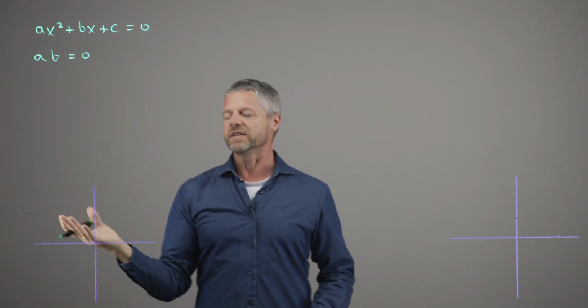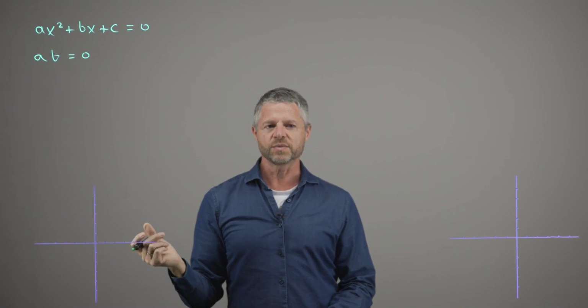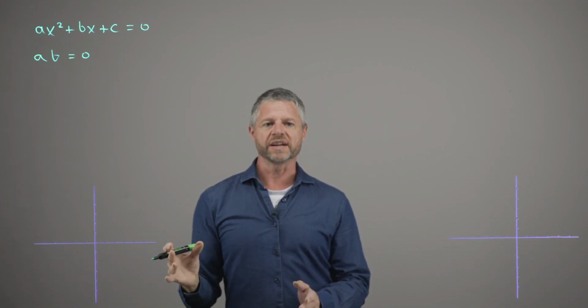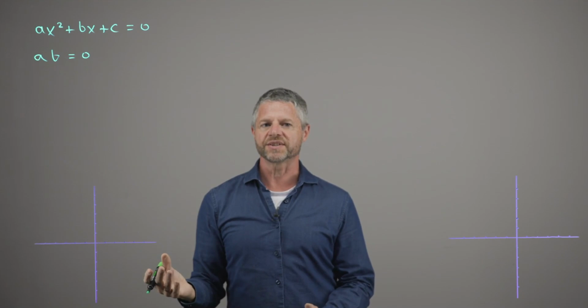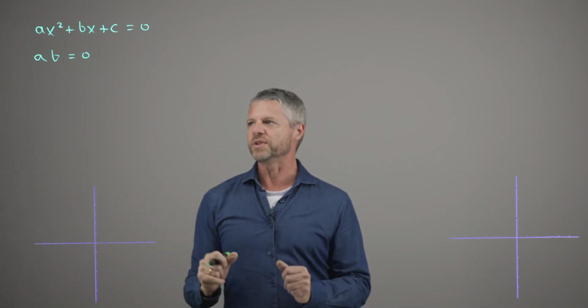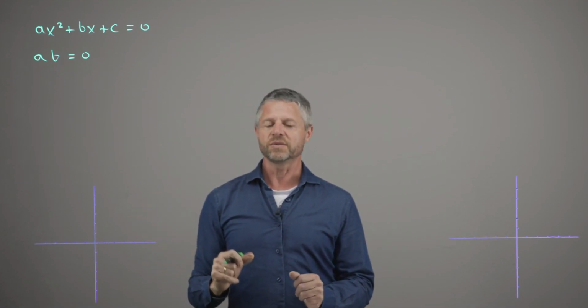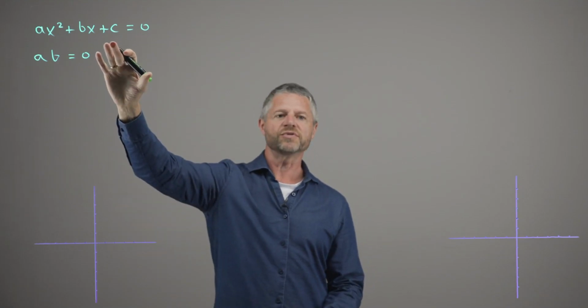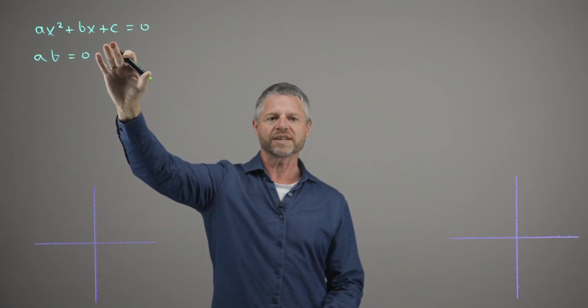And in video 11, I think it was, we looked at factoring quadratic equations. If we put these two ideas together, we can solve this kind of quadratic equation problem.